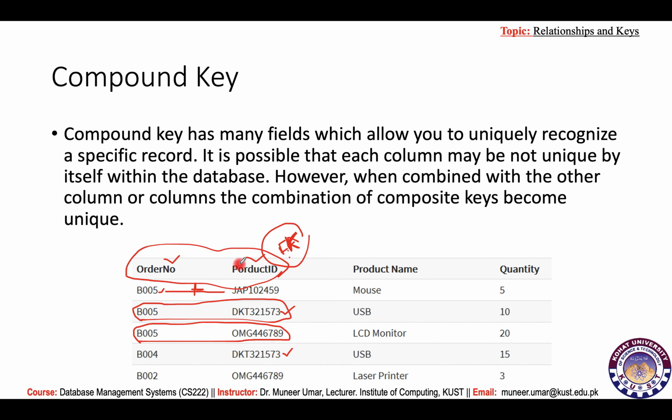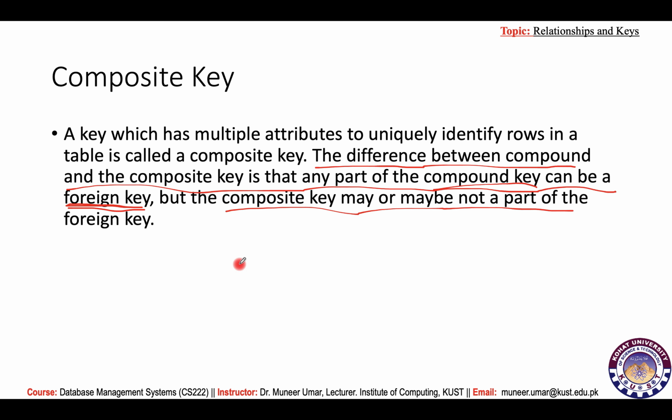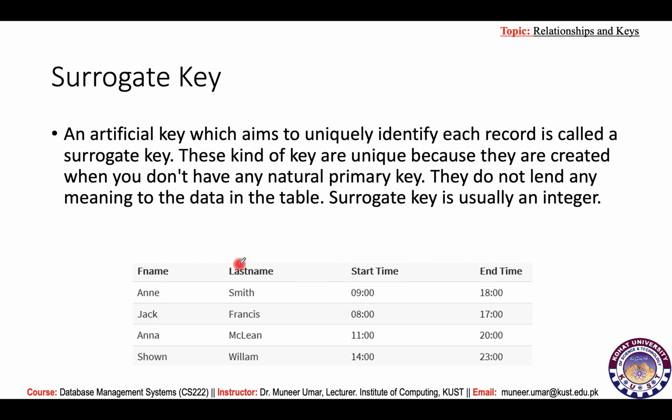We may have more than two attributes, so for a compound key, among those attributes there must be an attribute which is connected with a foreign key, while in case of composite key this condition is not necessary. We can say that a compound key can be a composite key, but a composite key cannot be a compound key. Then we have surrogate key.